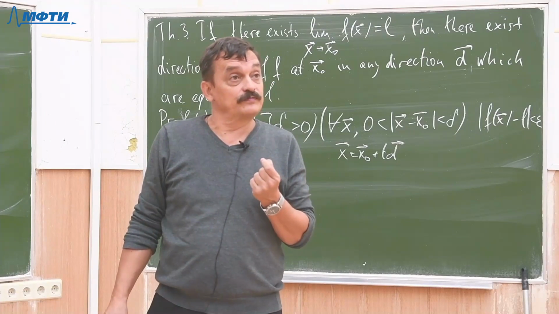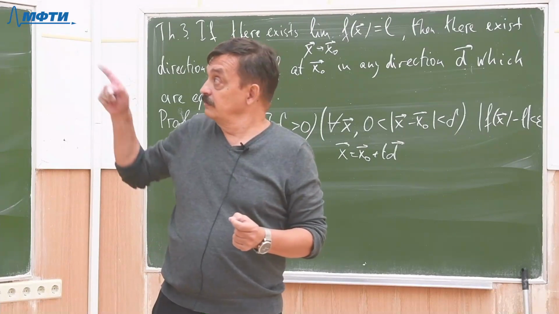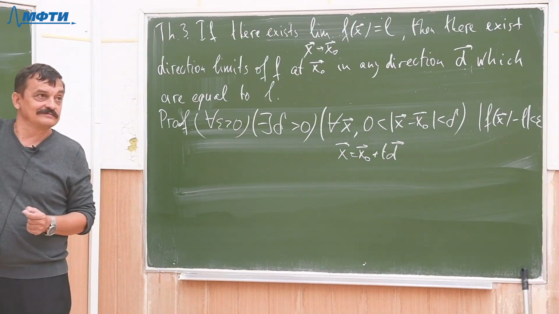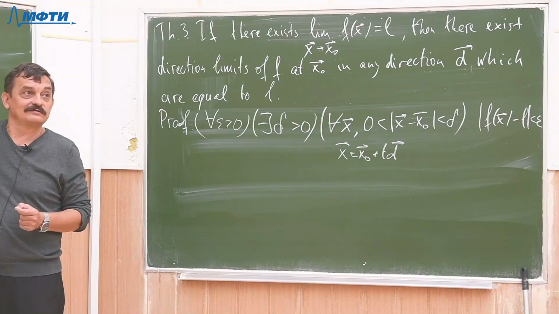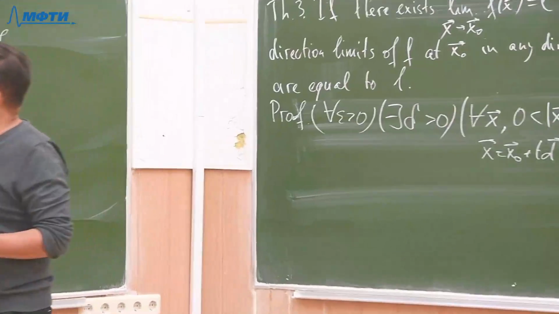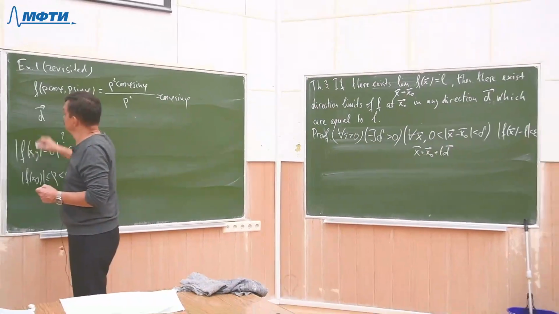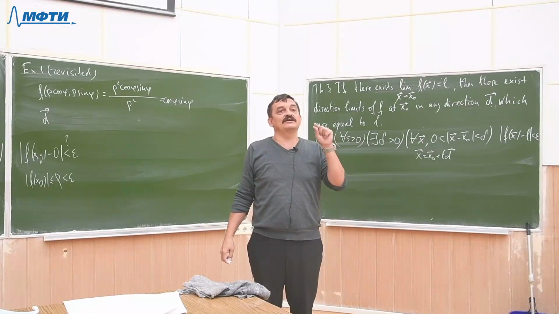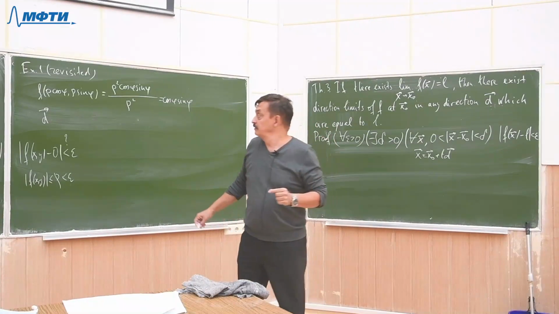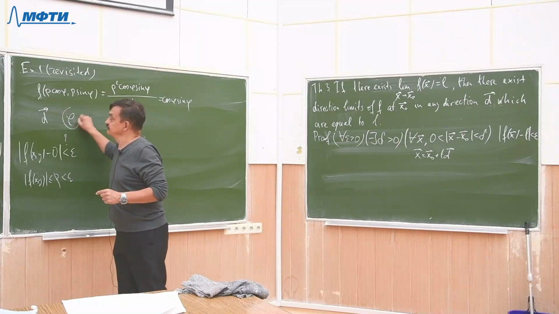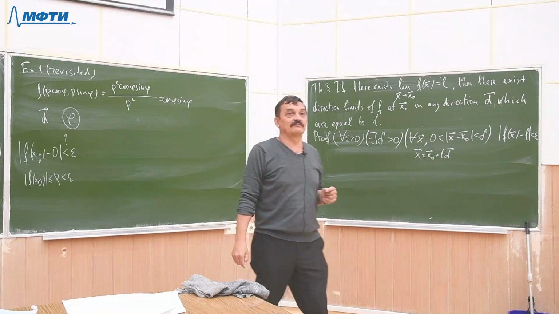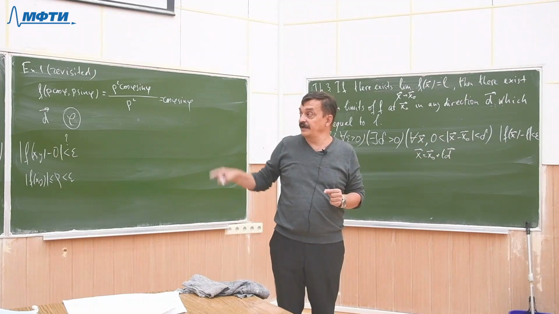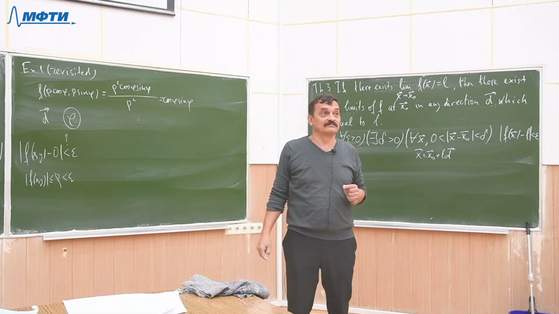But what is important? Look. Return to Example 1 once again. What happens now? The direction d here is completely determined by the angle phi, right? So what about the direction limit for this function from Example 1?